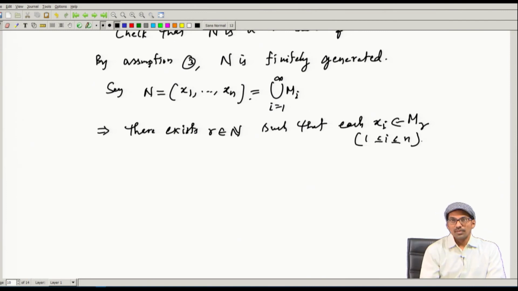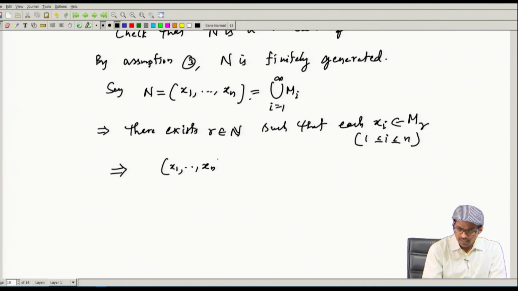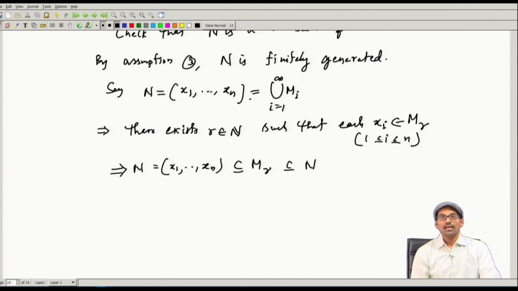So, therefore, this means that if we look at x1, x2, xn, this is contained in Mr, but Mr is contained in N. What is this? This is the same as N. Therefore, these are all equal.